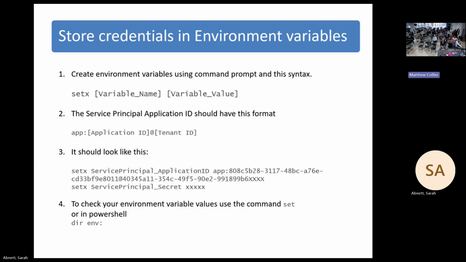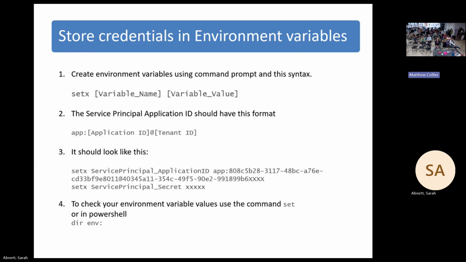This is probably the most techy side, but I wanted to provide it. I'm not used to working from the command prompt to set environment variables, so I just put it in my demo so you've got it to refer to. You can use the setx command, then the variable name, then the variable value. It creates it on your machine, and it persists.